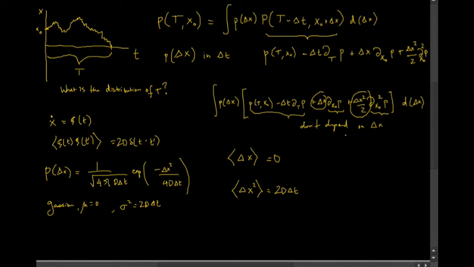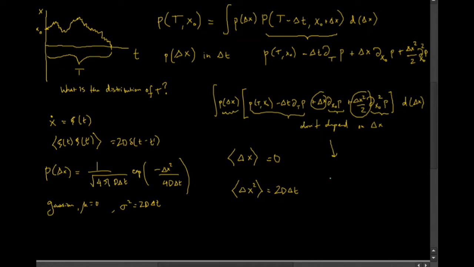Okay, so now having done this, you'll see that the terms that don't depend on delta x, when we integrate over delta x, we'll just get a factor of 1 multiplied by these, because this p of delta x is normalized.